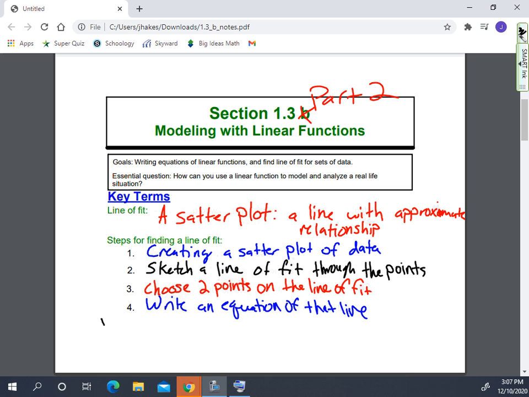Well, the equation of a line is y equals mx plus b. Okay, and we need the slope and y-intercept. Okay, so keep those 2 things in mind as we are moving through this lesson, is we have to find the slope and the y-intercept of our line of best fit.